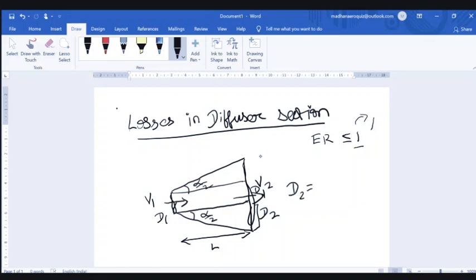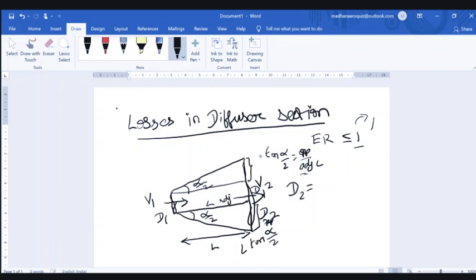So according to tan, tan alpha by 2 is opposite by adjacent. We have the adjacent side, length L, and then we have the opposite side. So you are going to calculate the opposite side only. This opposite side is now L into tan alpha by 2.